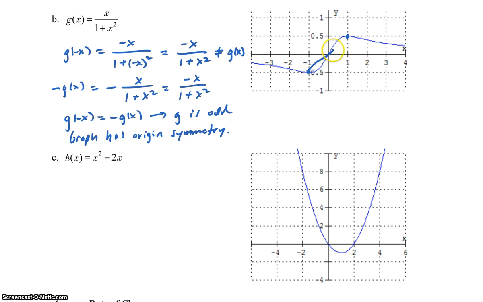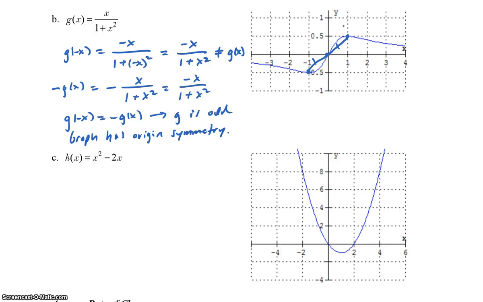There we go. That line segment, if you have an odd function, will pass through the origin, and the origin will bisect the line segment. It will split it into two equal lengths. I apologize, my line segment isn't exactly the straightest line segment in the world, but I hope you get the idea.